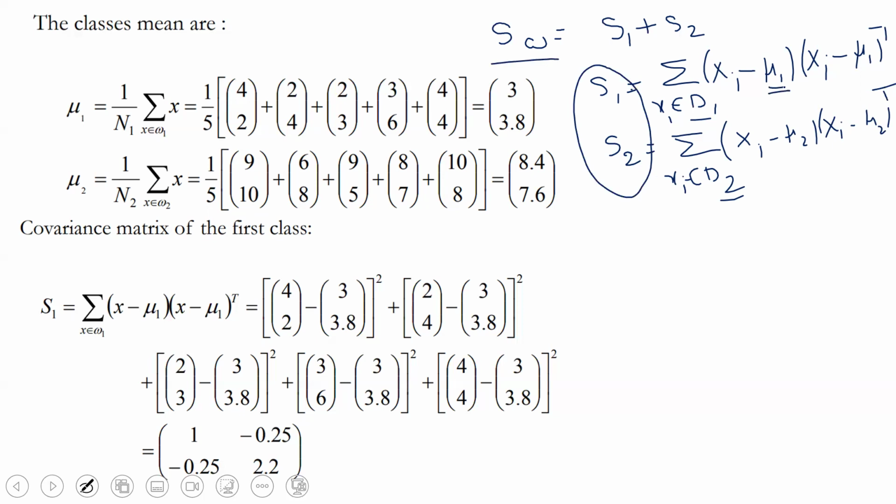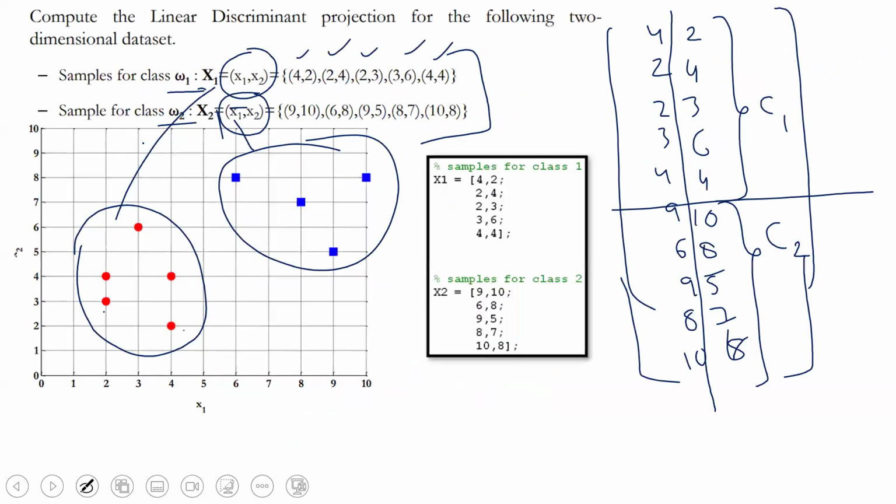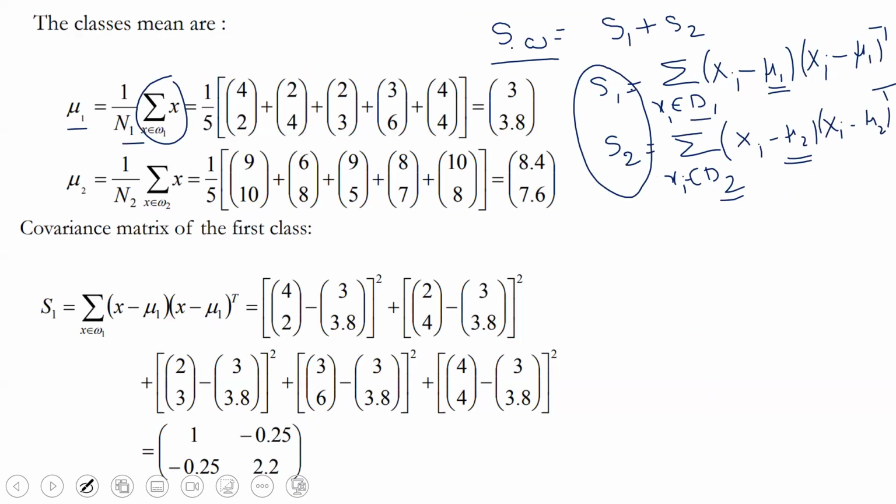So they calculated mu1 and mu2 first. Mu1 is nothing but the sum of the points by the number of the points. What are the points? For the first class, it is 4 2, 2 4, 2 3, 3 6, 4 4. So these are the points given for x1. So the sum of all x coordinates, the sum of all y coordinates, divided by n, the number of points. Mu2 uses the same formula: the sum of all points in class 2 by the number of points in class 2.